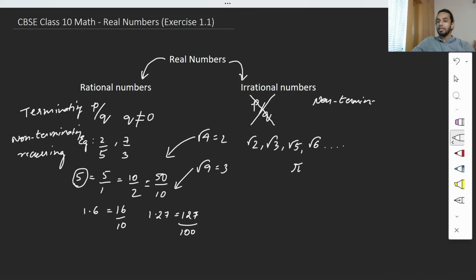This is the main distinction between rational and irrational. For example, if we take a calculator and try to find the value of root 2 or the value of pi, we would get a non-terminating, non-recurring decimal expansion. Whereas any rational number will give you either a terminating or a non-terminating recurring decimal expansion. So you can try this out.